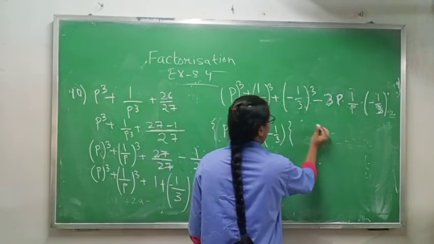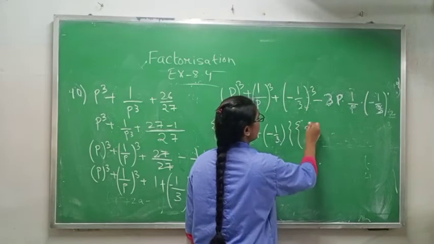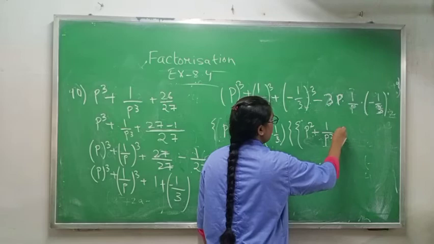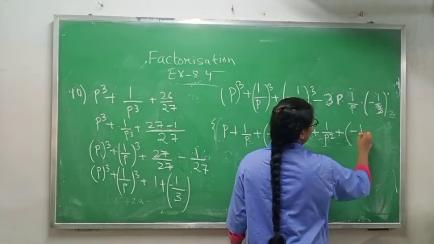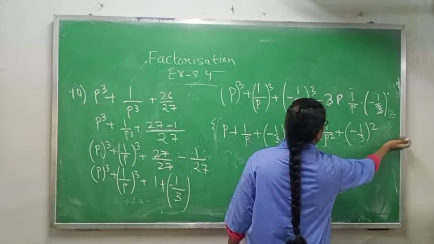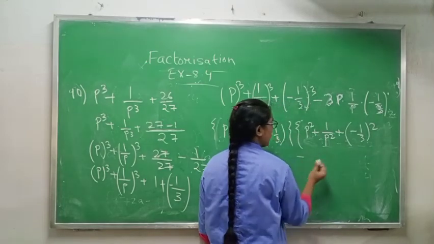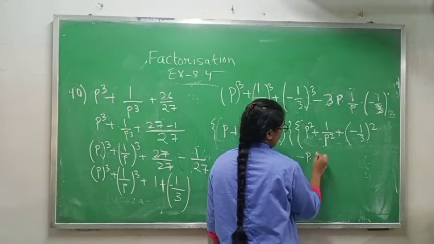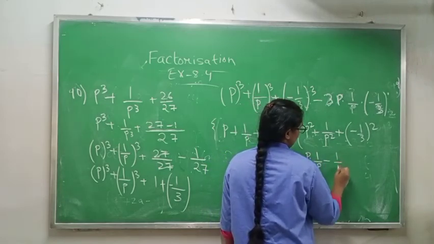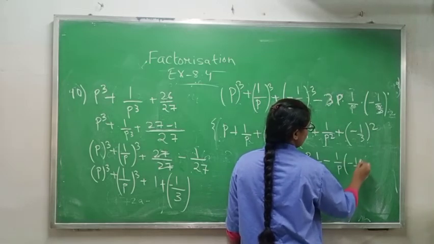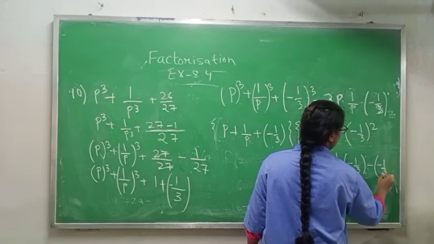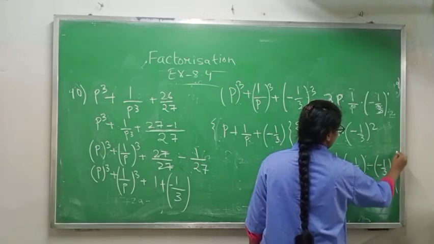Then you have x square, x square means p square, plus y square 1 by p square, plus z square means 1 by 3 square. I am not getting place, that is why I am writing here. You can start writing here. Minus xy. X y minus yz, y and z is minus 1 by 3. Minus zx, minus z and x is p.